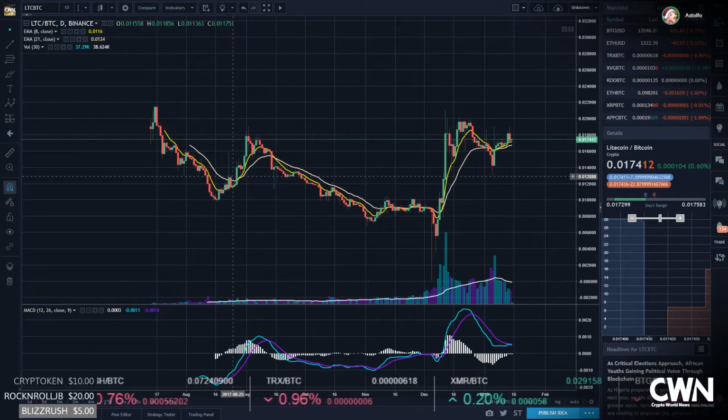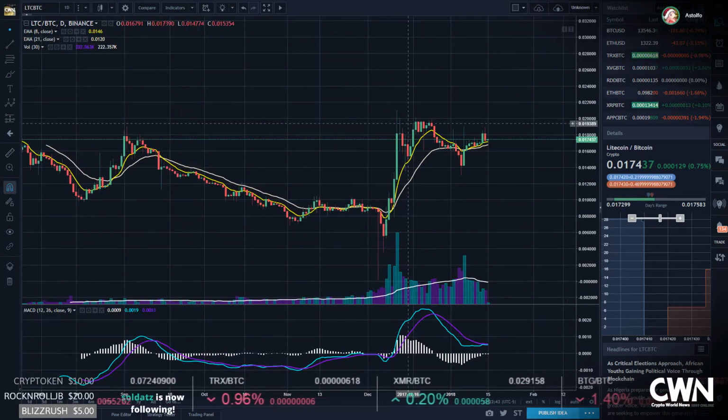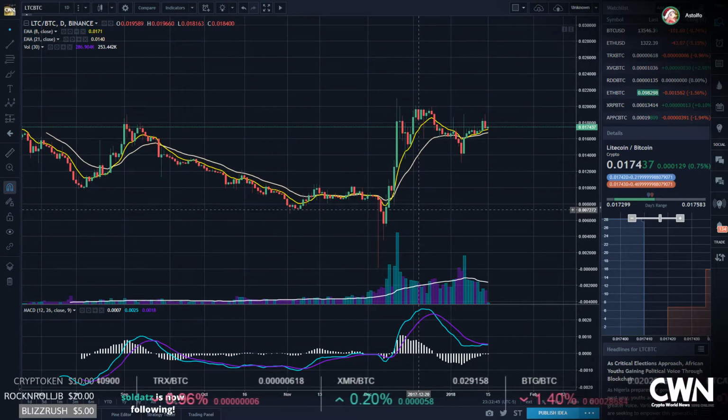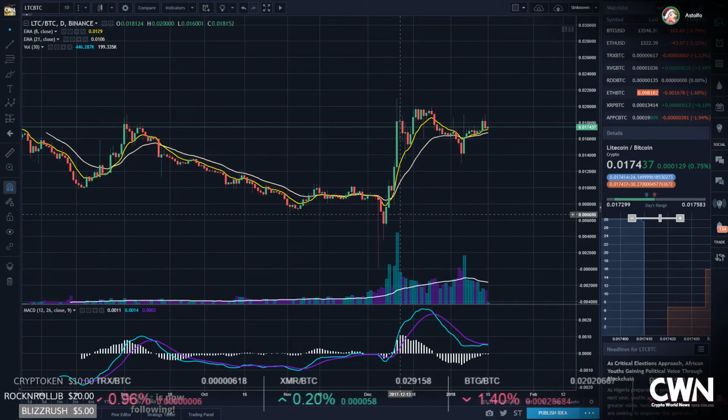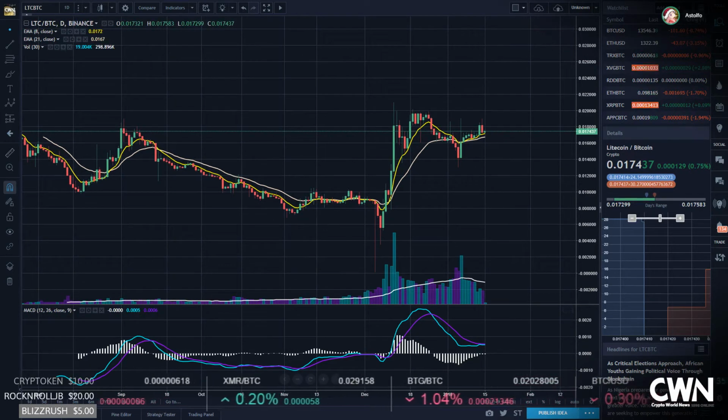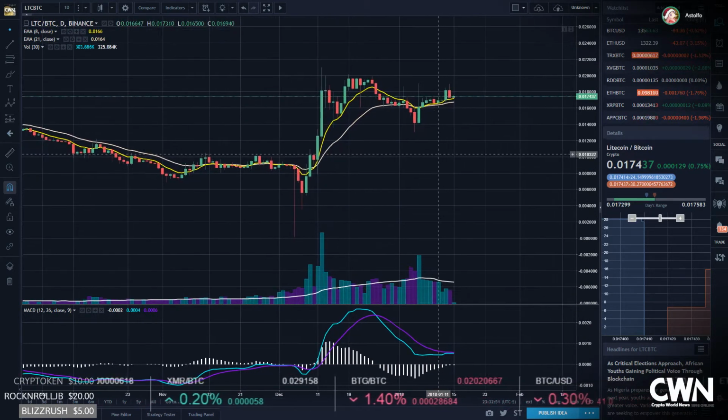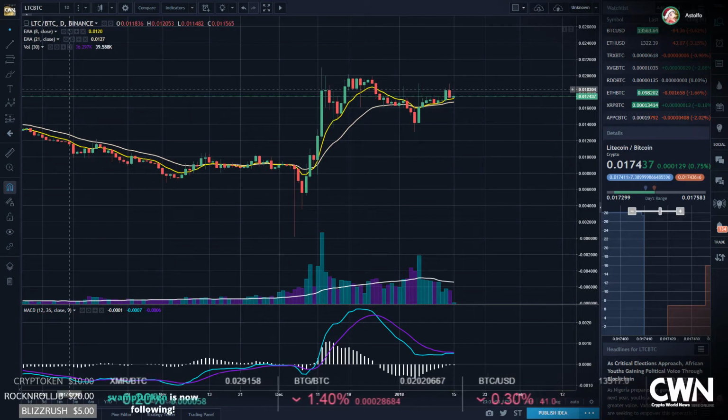This all looks corrective here to me, but this definitely looks impulsive here. For Litecoin, it looks like a wave 4 flat to me.